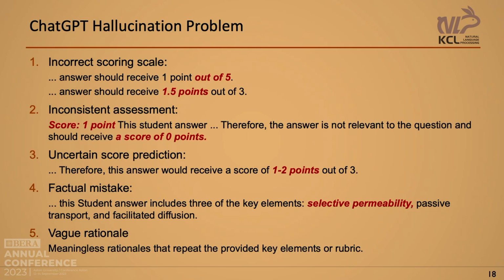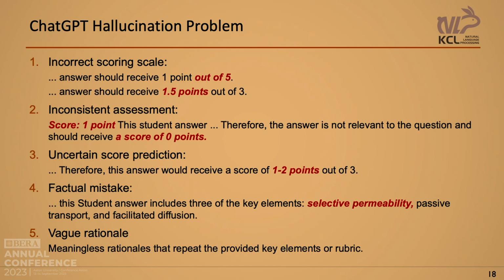We mentioned before that the provided sample assessed student answers can help ChatGPT with formatting and better performance. We found that ChatGPT may actually generate rationales that suffer from the hallucination problem without those demonstration examples.